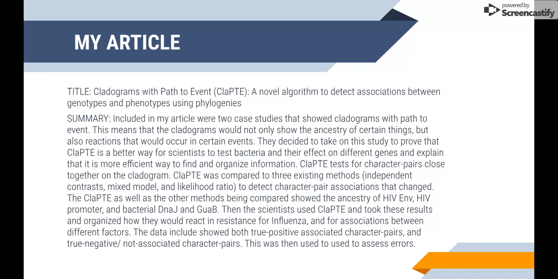CLAPTE was compared to 3 existing methods: independent contrast, mixed models, and likelihood ratios, in order to detect character pair associations that changed. CLAPTE, as well as the other methods being compared, showed the ancestry of HIV ENV, HIV promoter, and bacterial DNAJ and GUAB.